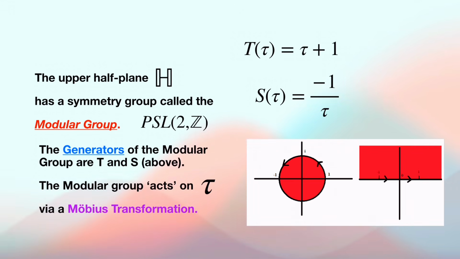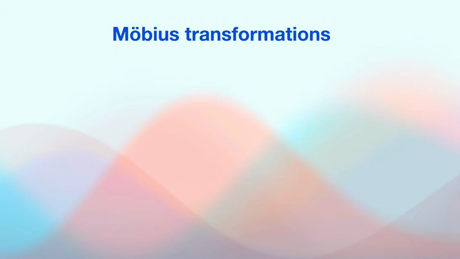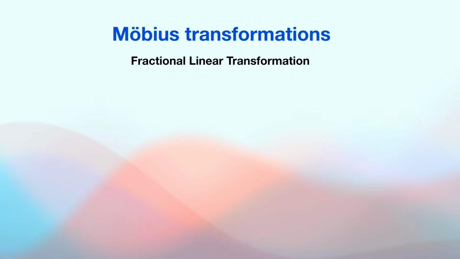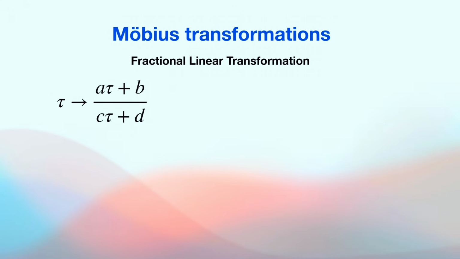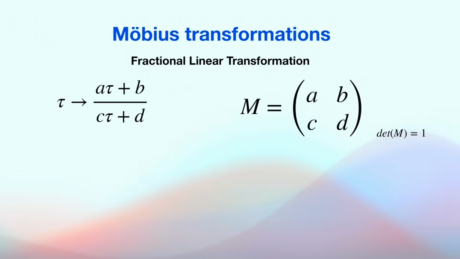So the modular group acts on tau via something called a Mobius transformation. So what is a Mobius transformation? A Mobius transformation is a fractional linear transformation, sending tau to a tau plus b over c tau plus d. And this corresponds to a 2 by 2 matrix with integer entries and a determinant of 1.